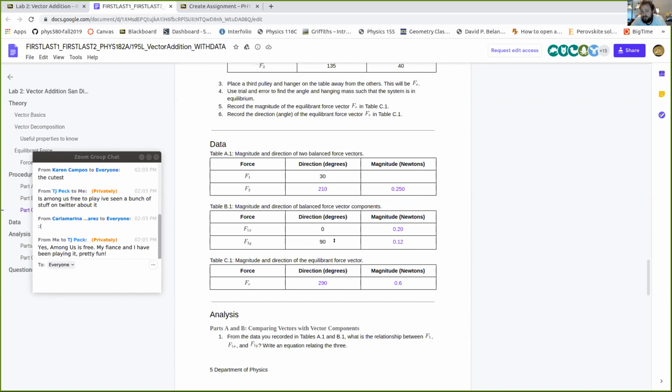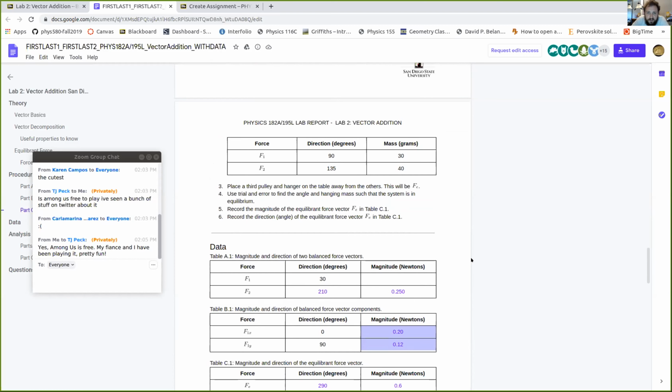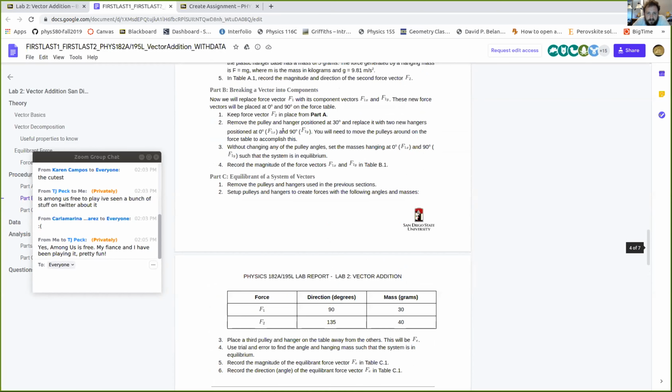Basically, they just did a vector decomposition of the 30 degree, 0.25 newtons thing, and they turned it into this for you. They did all that for you.